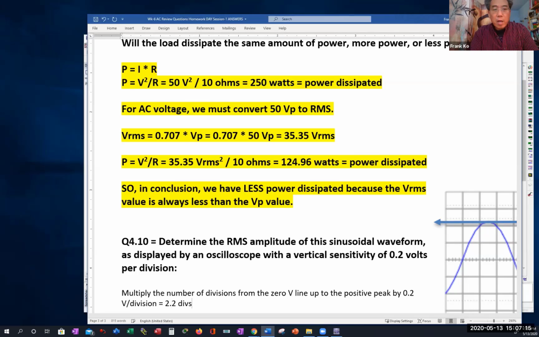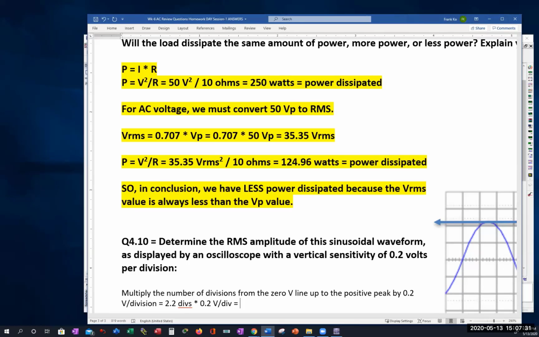divisions, and we're going to multiply this by 0.2 V per division, which will give us how many volts? 0.44. 0.44 volts peak, is that correct? Yes.